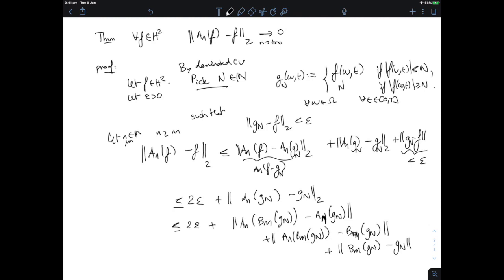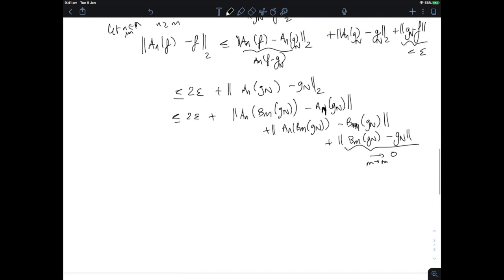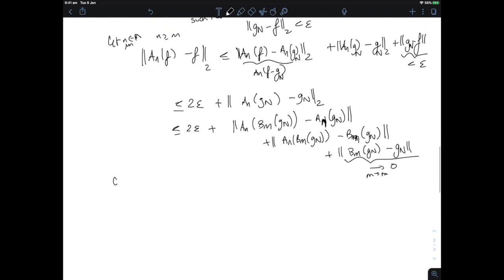Right, so where do we go from there? We know that Bm g_N tends to 0 as m goes to infinity. So we're going to pick m. So we've chosen capital N. Now we choose little m such that the L2 norm of An f minus f is no larger than 3 epsilon plus, and we apply the same reasoning as before to control that by the L2 norm of Bm g_N minus g_N that we have here.